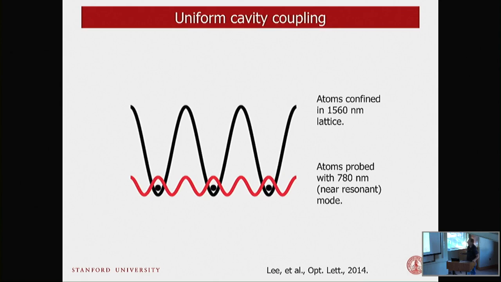So pictorially, this black here is the 1560 bright lattice, which is very far-detuned, so there's almost no spontaneous emission from that. But importantly, it makes the atoms sit at these positions, which are, for appropriate parameters, maximally coupled to the mode function of the standing wave in the optical cavity, which is reading out the number of atoms in the cavity.